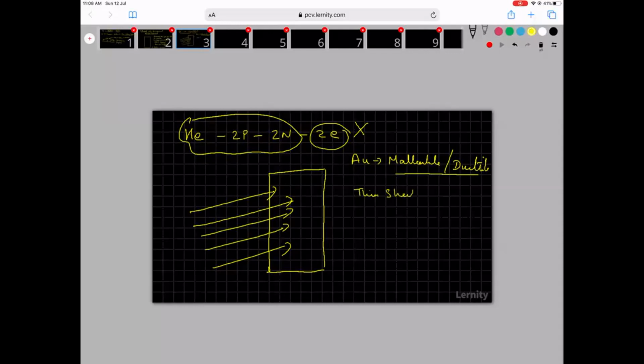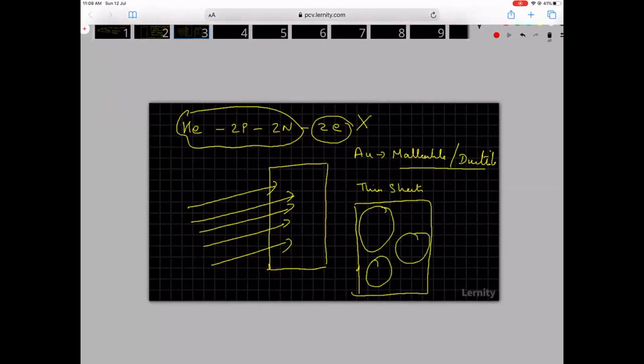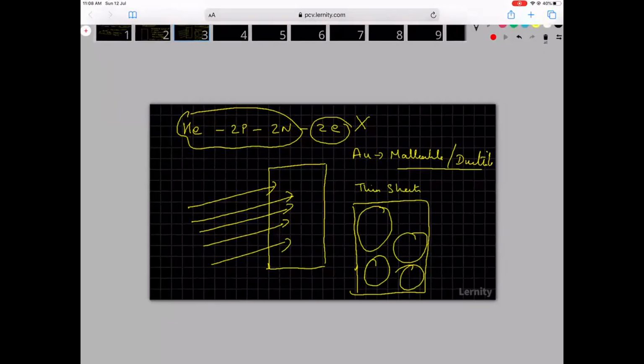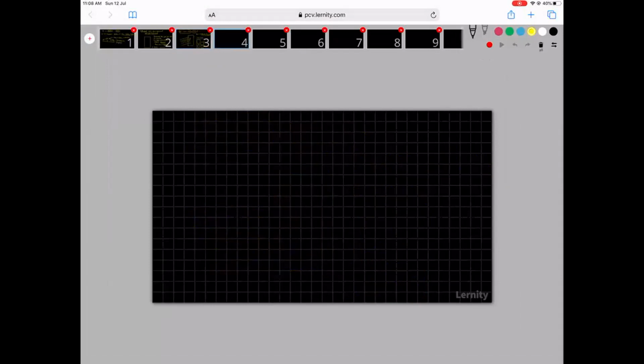What he expected is, if this is the sheet, there will be one atom of gold here, one atom of gold here, only a few atoms of gold. So he took a very thin sheet, as thin as possible, and when he fired the alpha particles, he expected each alpha particle to go and interact with an atom.